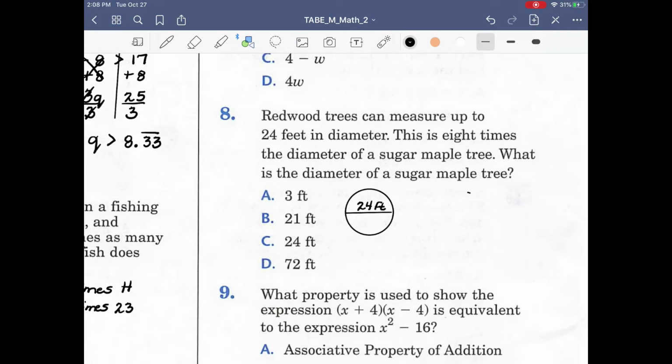So the sugar maple is going to be a much smaller diameter. It's actually 8 times less than the redwood. So the redwood is 8 times the sugar maple.